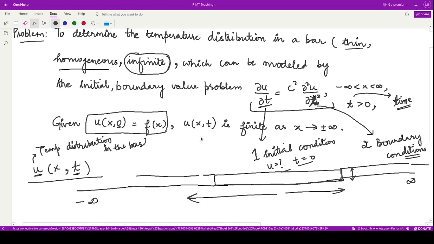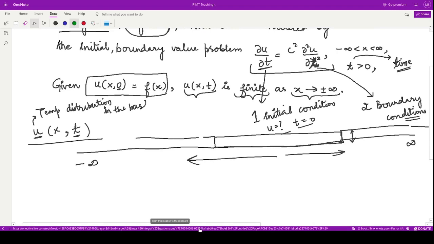However, you are given that the value of this temperature is finite whenever we are at the end points, and because this bar is infinite, the end points of this bar would lie at infinity and minus infinity. So we cannot definitely say what are the end points of this particular rod. Okay, so this is the statement.